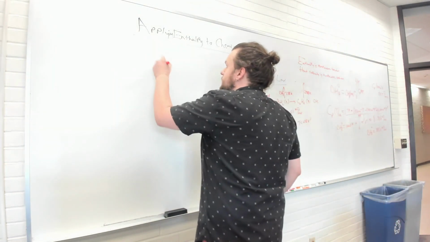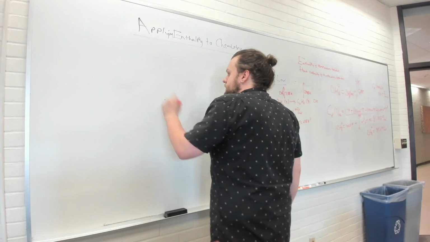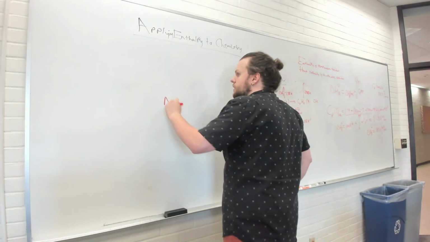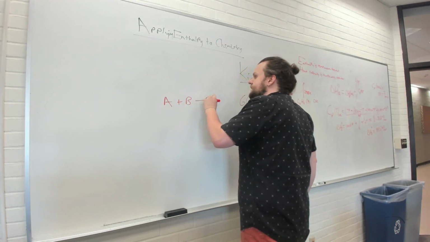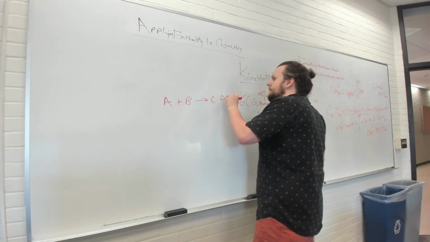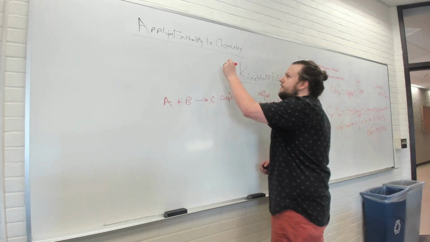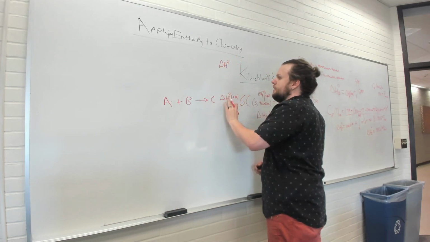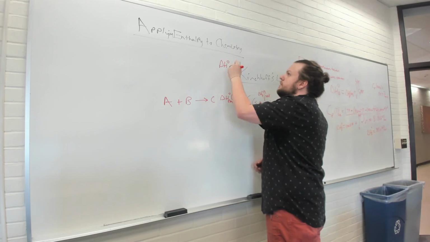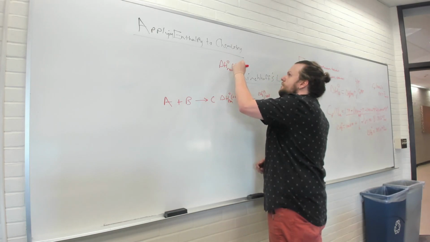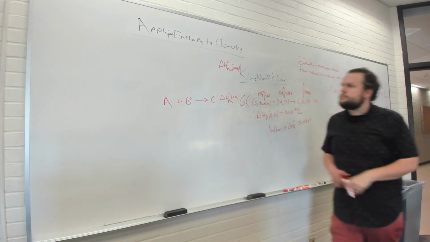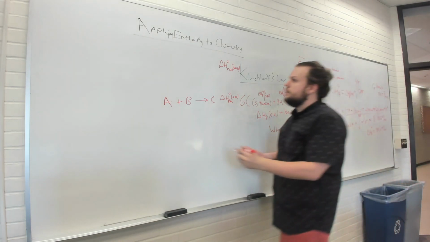All right, so let's say we have a reaction A plus B goes to C, and we have an enthalpy of reaction at 0 Kelvin, and we want to calculate the enthalpy of reaction at 300 Kelvin. How do we do that?